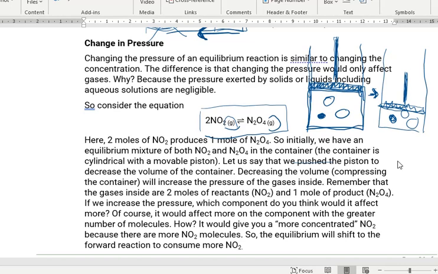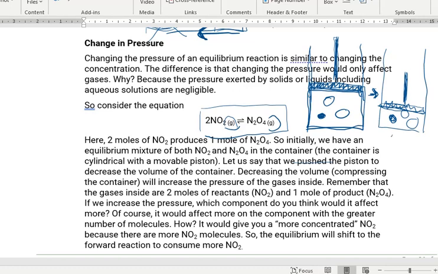So what do you think happened to the concentration? Right? I said, changing the pressure is just like changing the concentration. But the thing is, it affects the gas. Now, since in our system, we only have gas. These are all gaseous, right? So, what happens? You decreased the volume, right? What happened to the pressure? When you decrease the volume, remember that pressure and volume are inversely proportional.